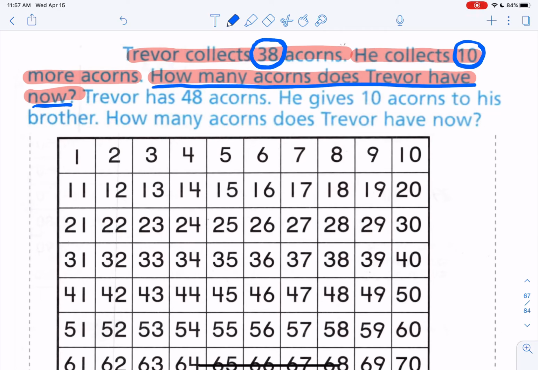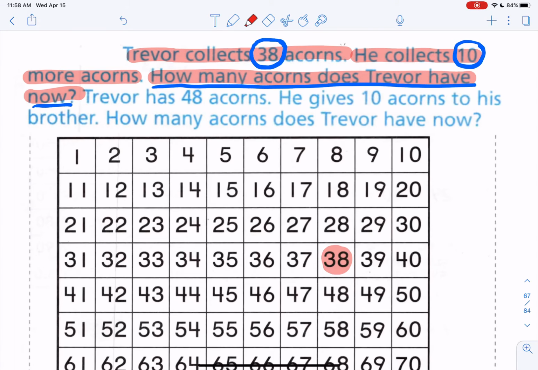So he's got 38 and 10. What are we going to do? Add or subtract? We're going to add. And on our hundreds chart, we're going to start by finding 38. And then we're going to add 10. Are we going to go up or are we going to go down?